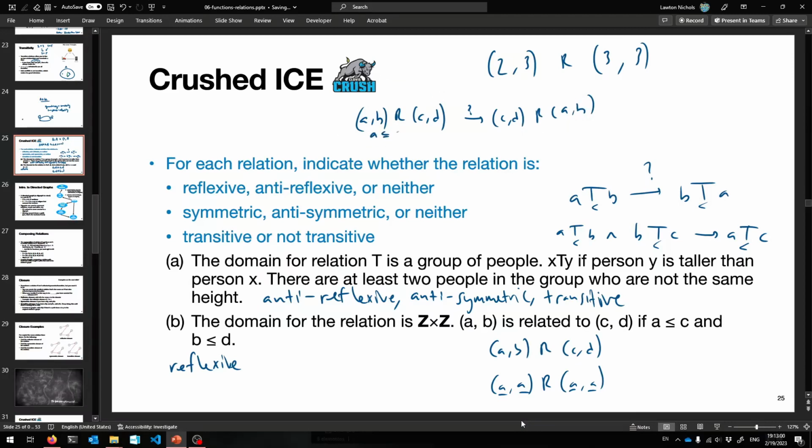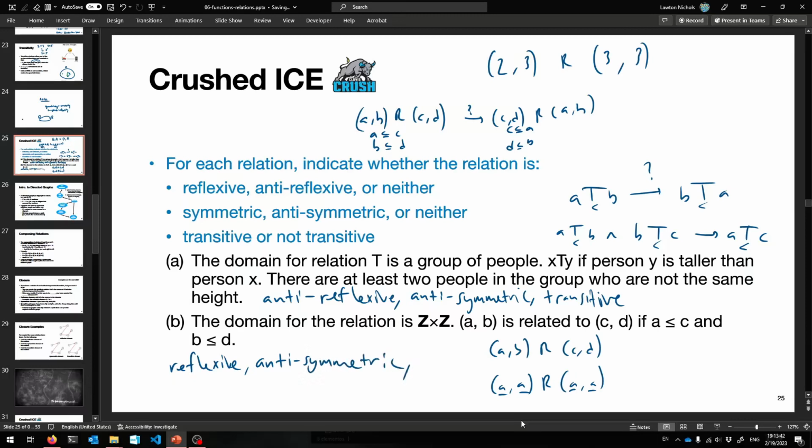I know that A is less than or equal to C, and B is less than or equal to D. Does that allow me to conclude that C is less than or equal to A, and D is less than or equal to B? That's me flipping these things. That's almost never true for less than or equal to, right? I can never flip them. The only time I can flip these is if they're equal, like if this was 2 and 2, and 3 and 3. If it's only possible when it's equal, that screams anti-symmetric, right? You can only flip it when they're equal. So that is an anti-symmetric relation. I hope you see that.